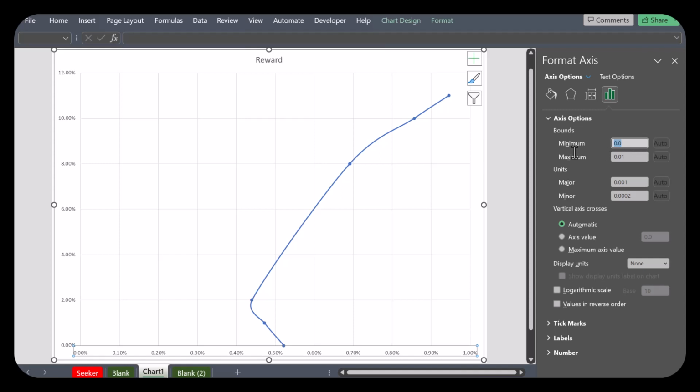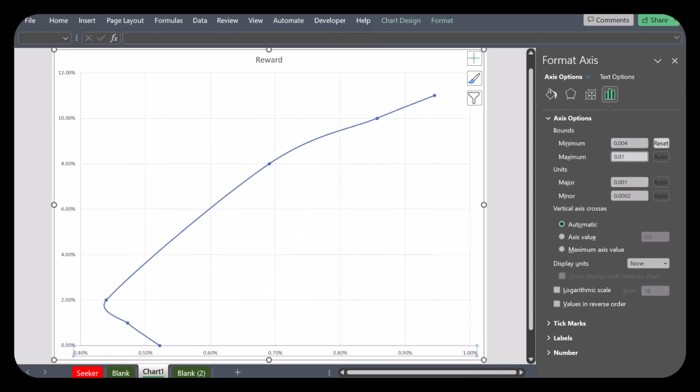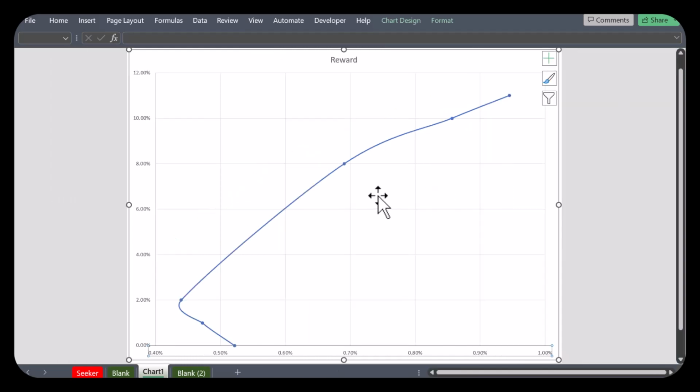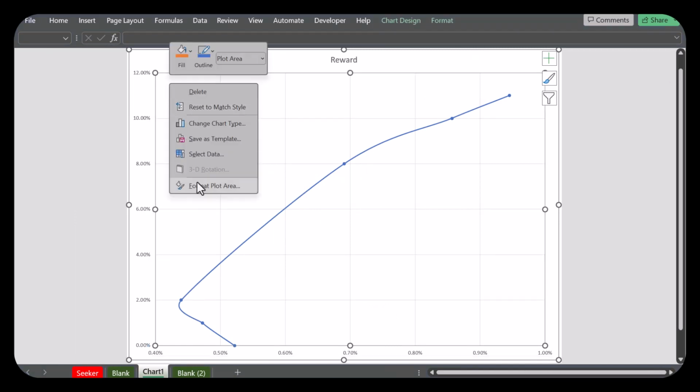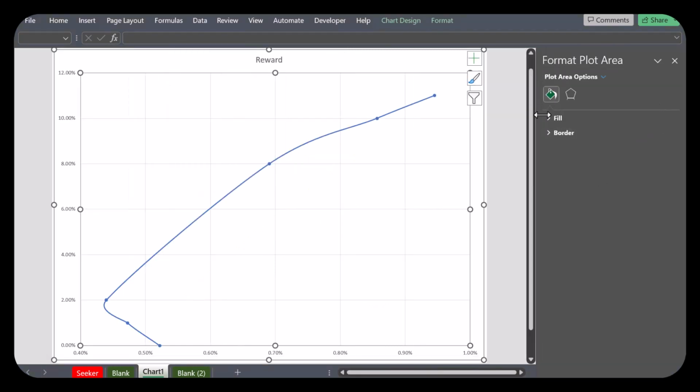All right. So we get a little bit of better picture. If you want a little bit of contrast, pick the flat area. I want to make that black and white, solid fill, and black.